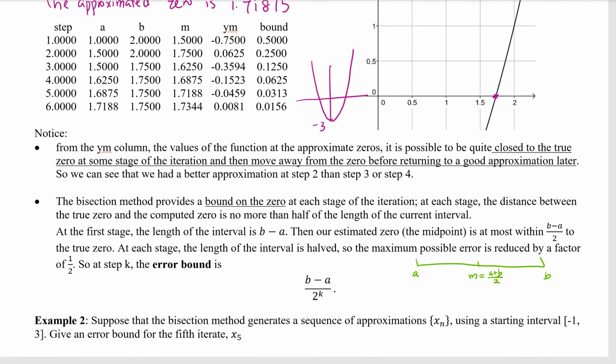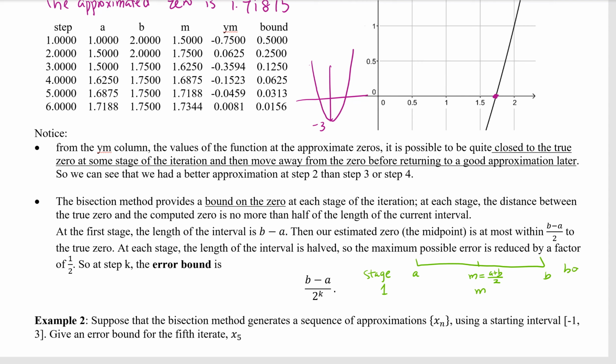At the first stage, the length of the interval is b minus a. Then our estimated zero is the midpoint.